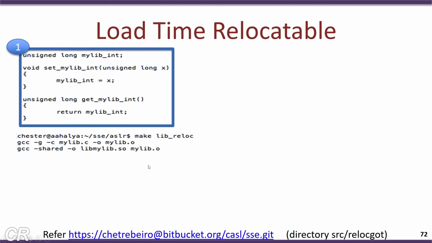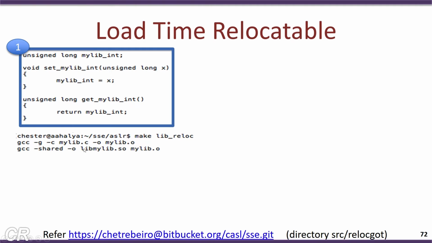So, let us start with load time relocatable, and let us say that we want to create a library like this. This is the library we create. It comprises one global variable called mylib_int, and it has two functions: set_mylib_int, which takes a parameter x and sets our global variable to that value, and the second function, get_mylib_int, returns the current value of that global data mylib_int.